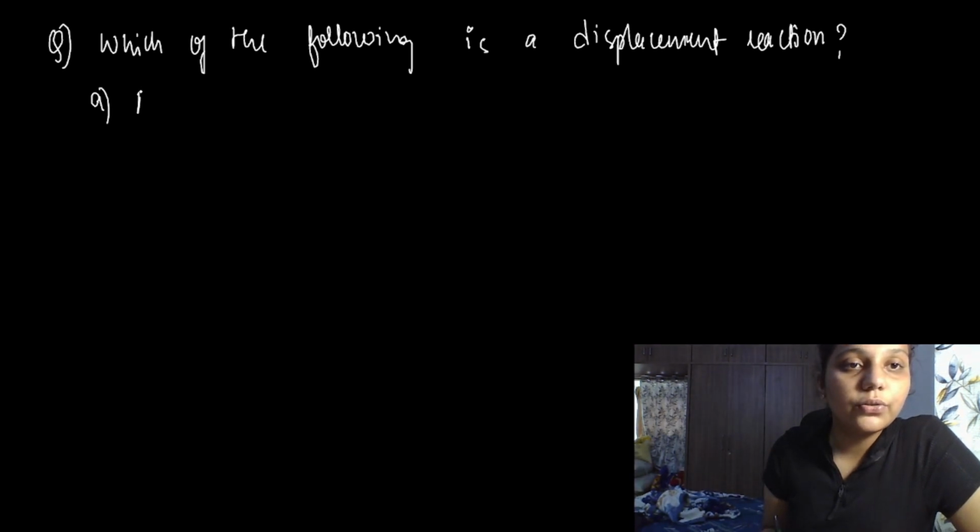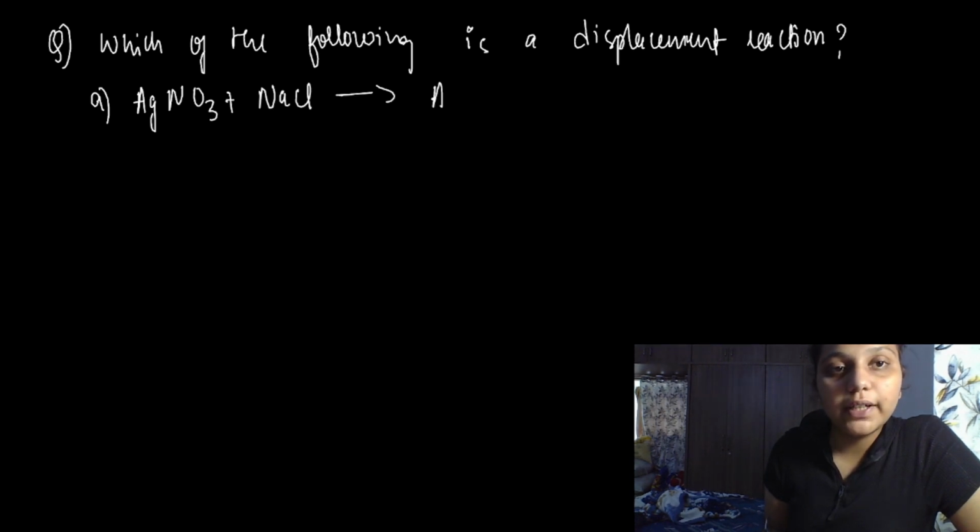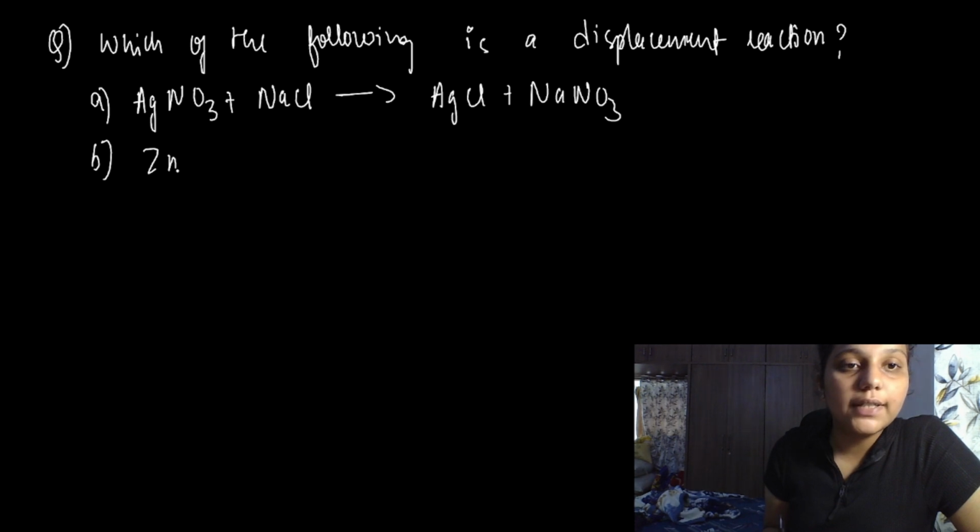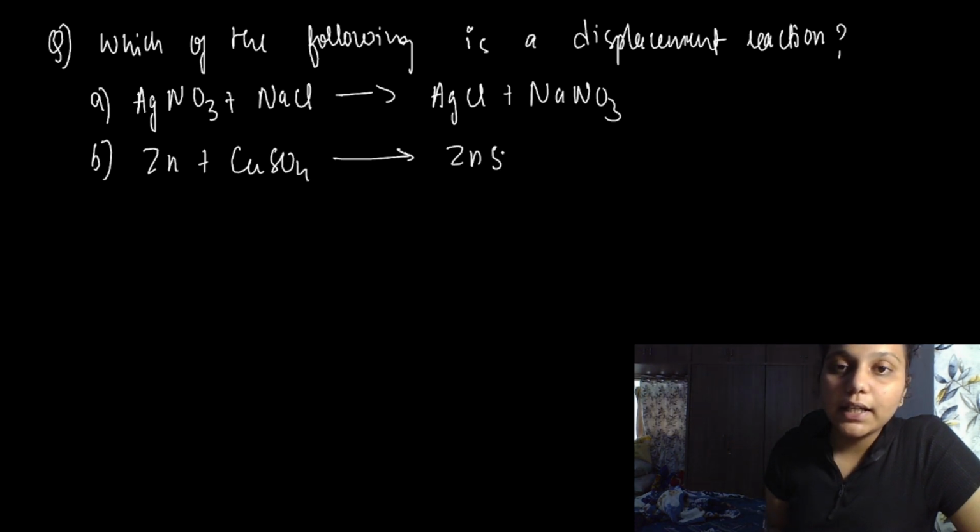Fine. So they will give, A: AgNO3 plus NaCl. What do we get? AgCl plus NaNO3. B: Zn plus CuSO4, giving ZnSO4 plus Cu.